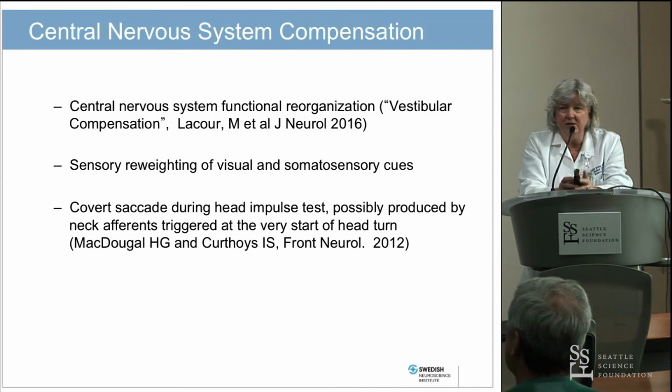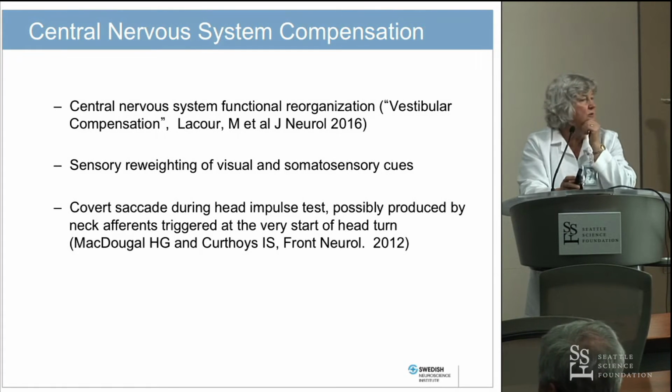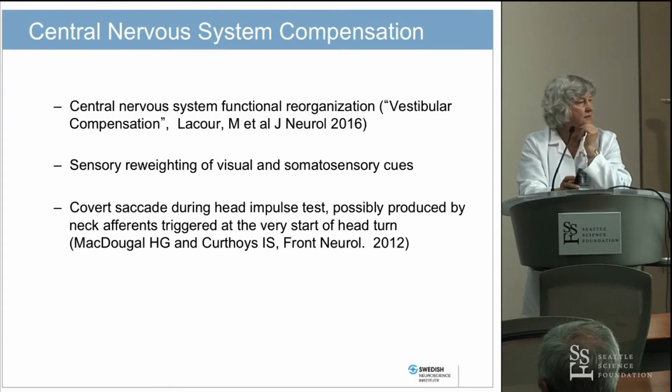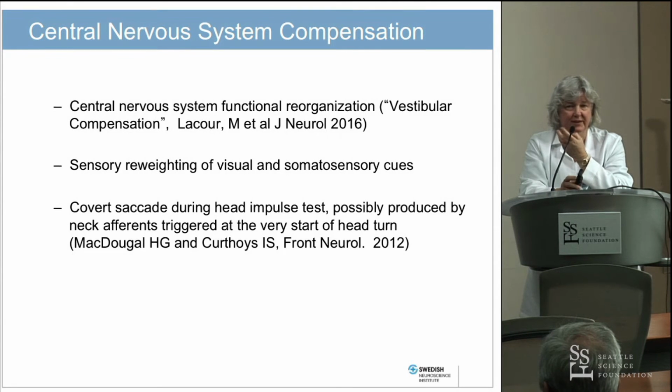Ian Curthoys, who's done a lot of work with head thrust testing, actually thinks, and that's when you rapidly thrust, that's the 3 hertz stuff and even faster, that the neck is playing a role there, that the sternocleidomastoid proprioceptors might be somehow tying in, amplifying, and helping to do these little covert saccades to keep vision in place.